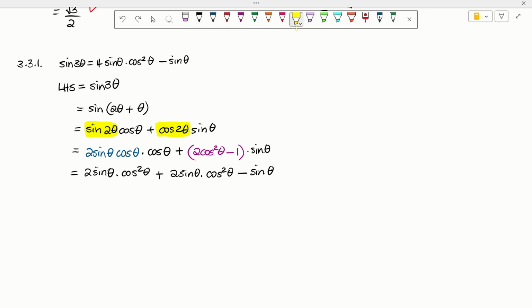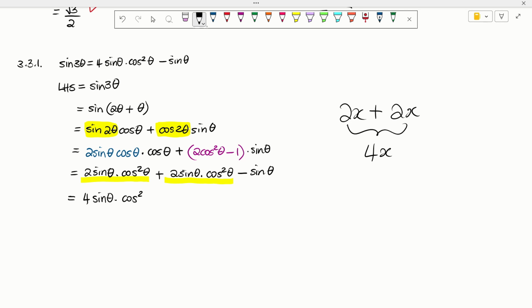Then you can see that 2 sine theta multiplied by cos squared theta and 2 sine theta multiplied by cos squared theta is basically a like term. It's the same thing. It's like 2x plus 2x, so we can add this to become 4x. So if I add this 2, it becomes 4 sine theta multiplied by cos squared theta, and then the other side is just negative sine theta.